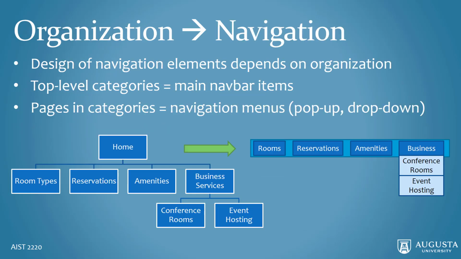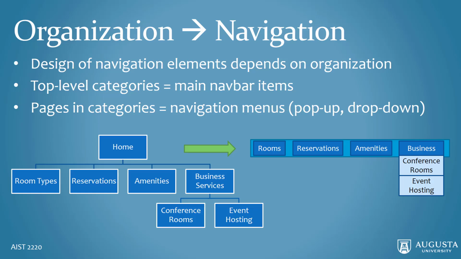Let's take a step further and see how site organization directly impacts navigation. Once you have a well-organized structure, it becomes much easier to design the navigation elements. Here's how it works.